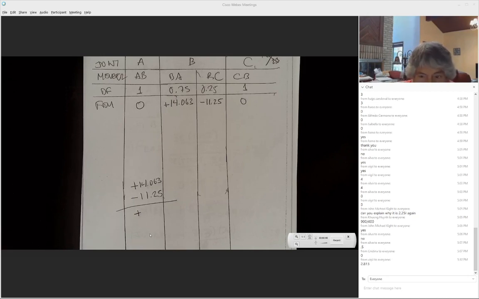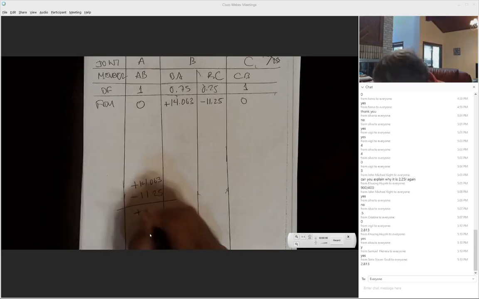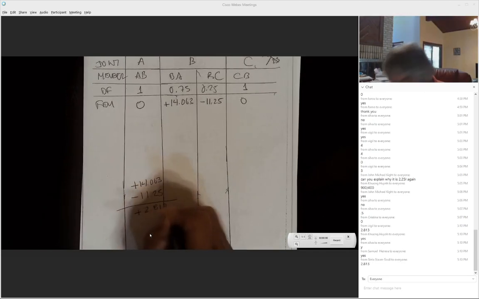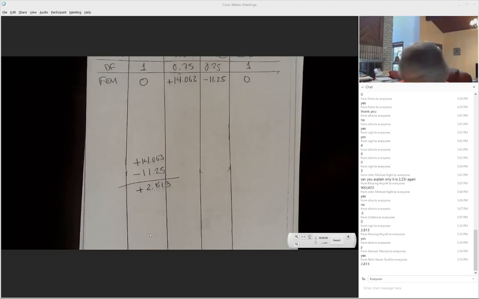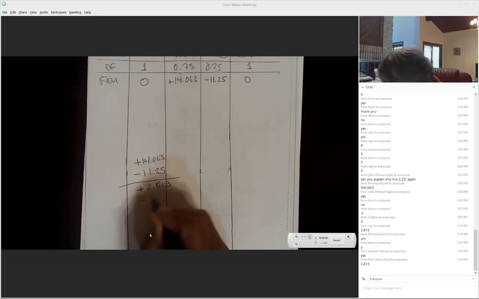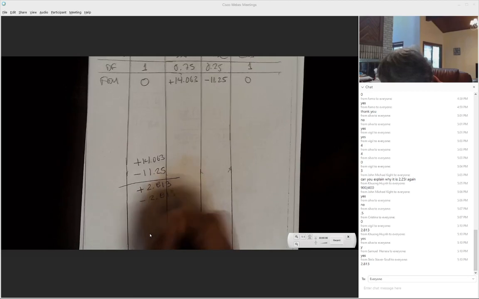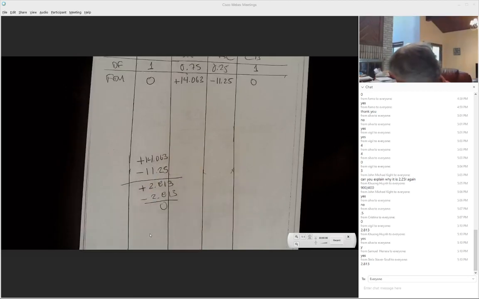Before you leave? 2.813? Is that correct? Okay. So 2.813 is positive. I need to put a minus 2.813 for equilibrium.